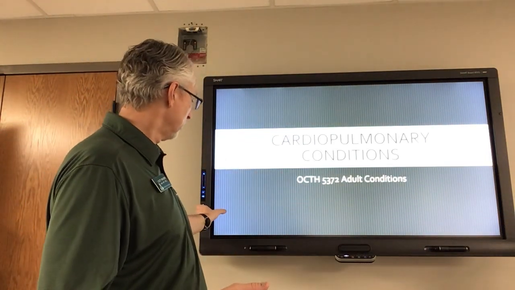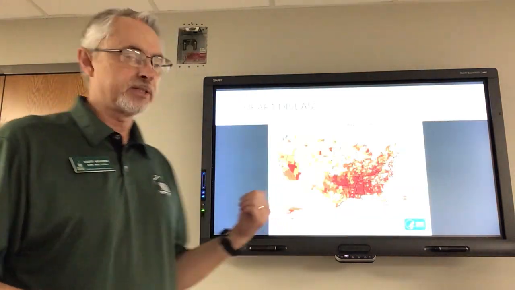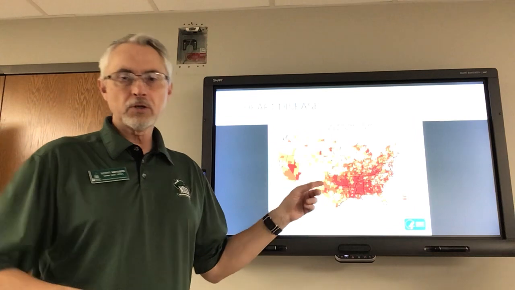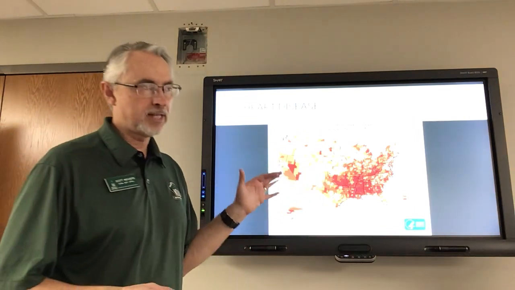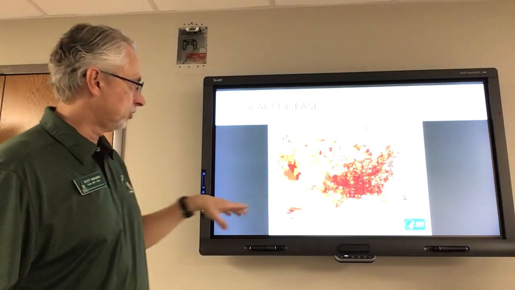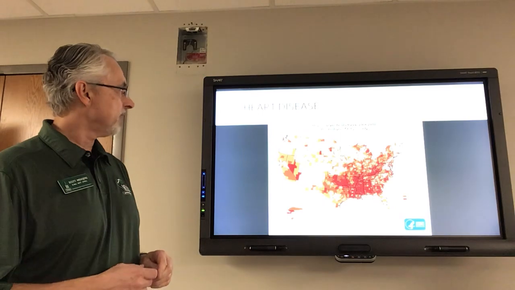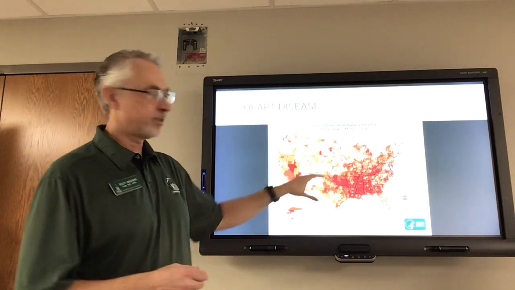All right, so adult conditions. We're talking today about cardiopulmonary conditions, and you can see from this map, similar to the stroke map that we had, this data is a little bit old, but it's still effective, and it still tells a story. In different parts of the country, we see a higher incidence of death rates due to heart disease.